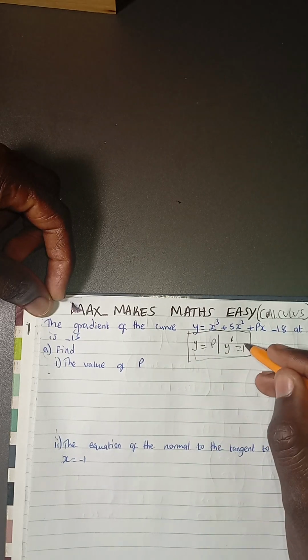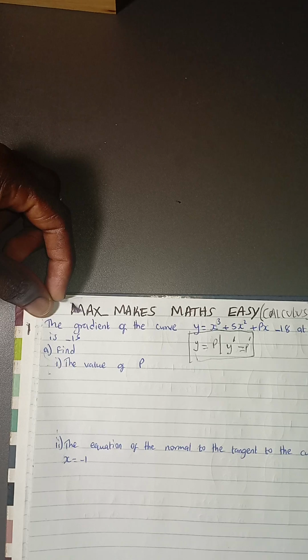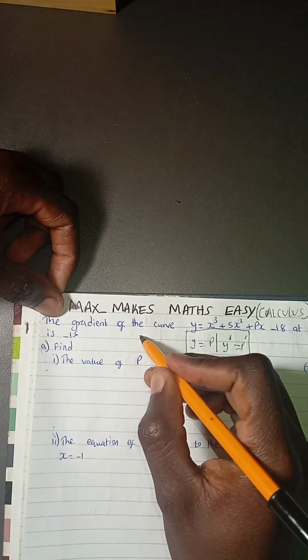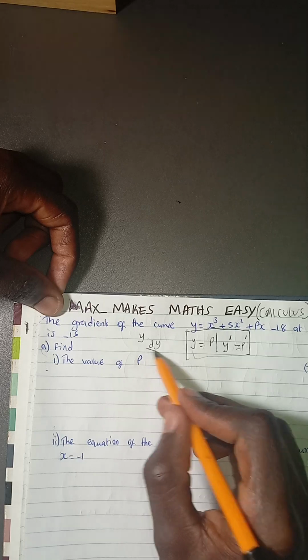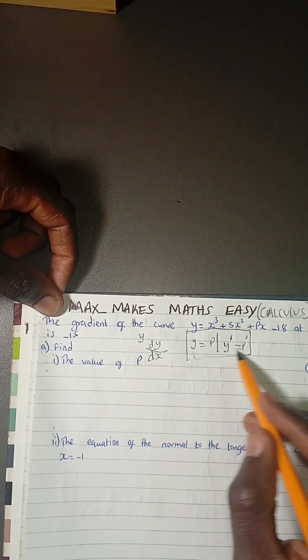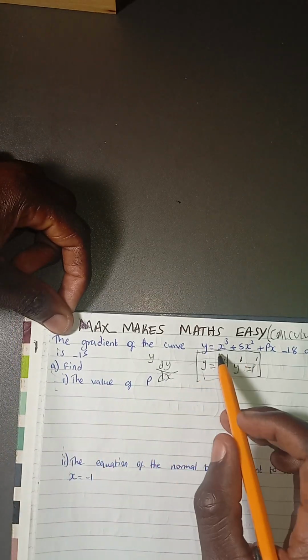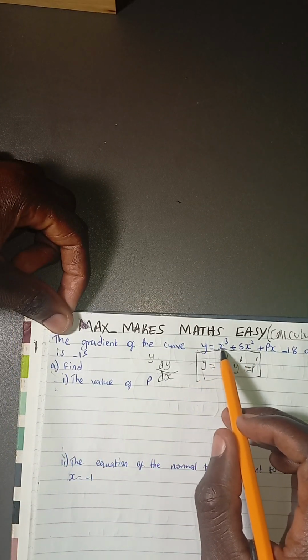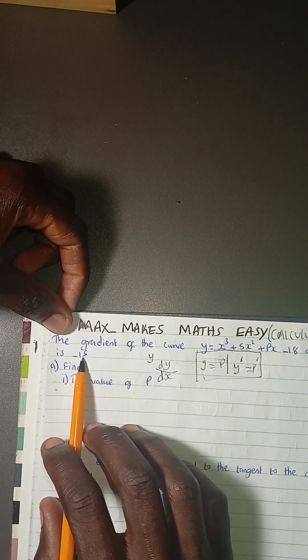The derivative of y can be written as dy with respect to x. So to find the value of p, we will find the derivative of y, then at x equals negative 1, the derivative is negative 15.